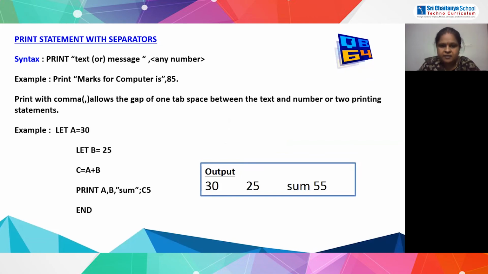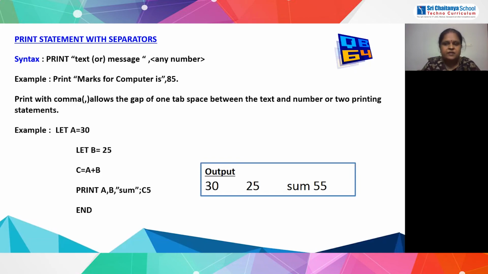You can see here, I have written one example program. Let A is equal to 30, let B is equal to 25, let C is equal to A plus B. Here I'm assigning the sum value A plus B to the variable C. But you can see how I have printed that. PRINT A, comma, B, comma, then "sum" written in the double quotes, and then one semicolon and C.